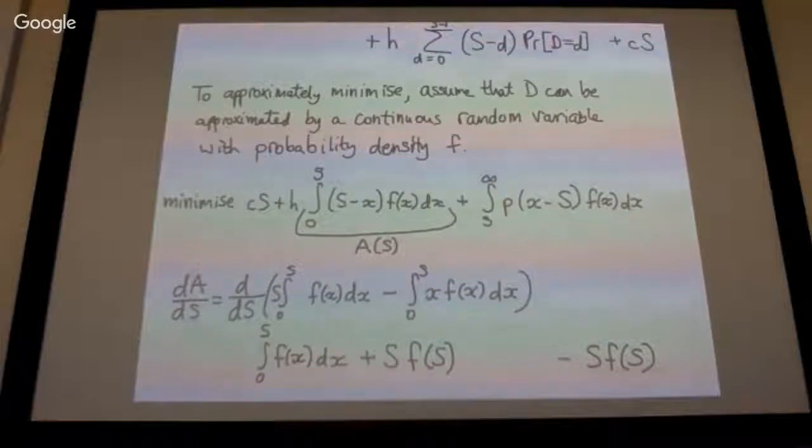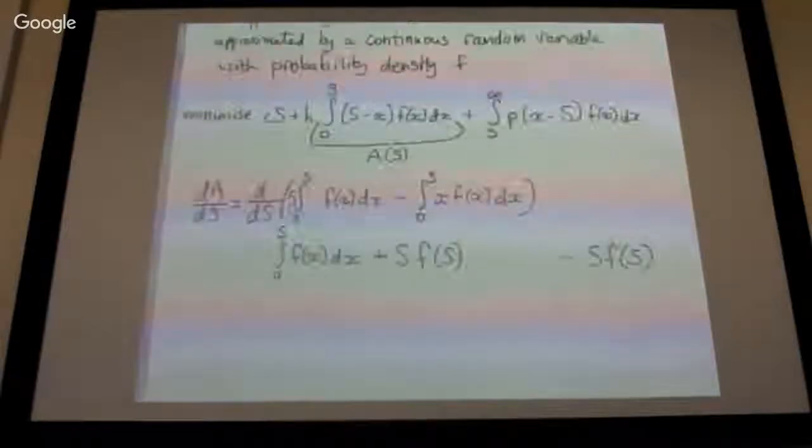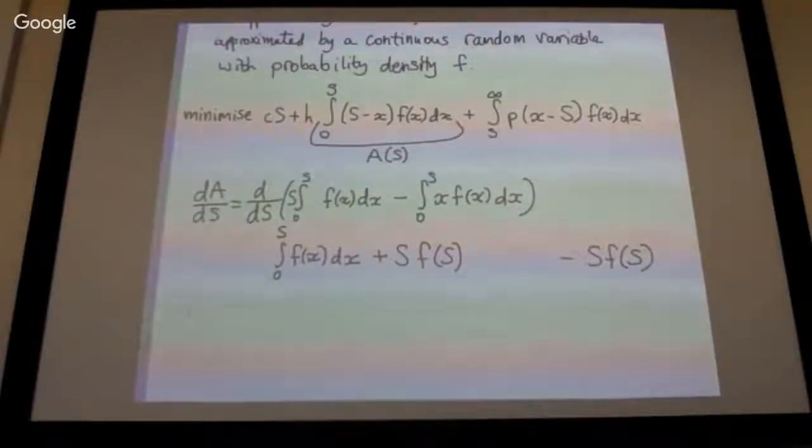Okay, so in fact, what you get is, coming from that first term, c times s.